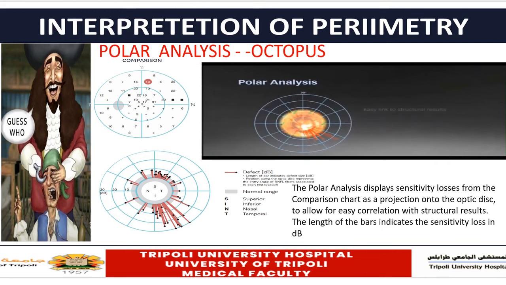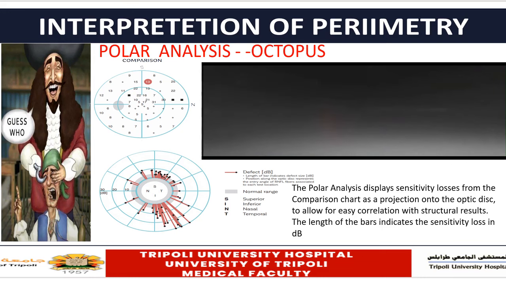The software of the machine will invert the image horizontally, as you can see here, to guide you where the location is and where you will examine the optic nerve. So after doing the visual field, you can determine exactly where the area of damage in the optic nerve is. For example, in this patient, it is in the inferotemporal area, which is more in favor of glaucoma. So this is a very useful utility. That's the polar analysis, one unique analysis also done by the Octopus machine.